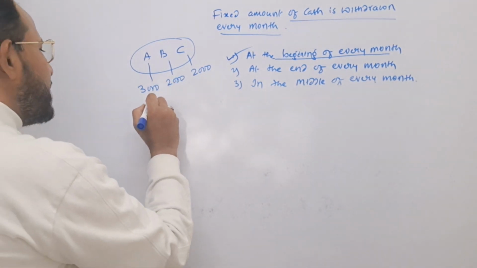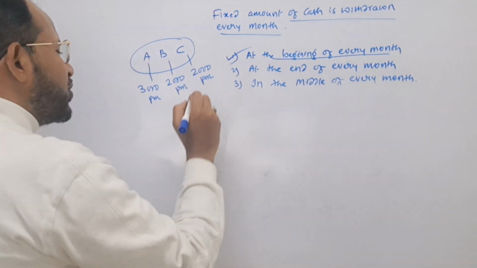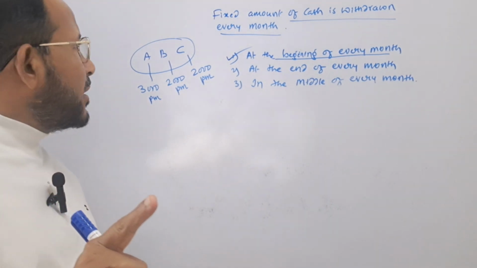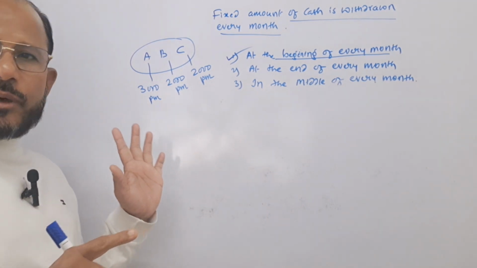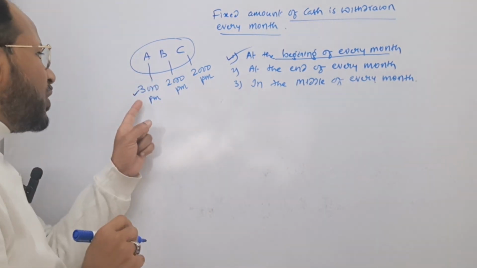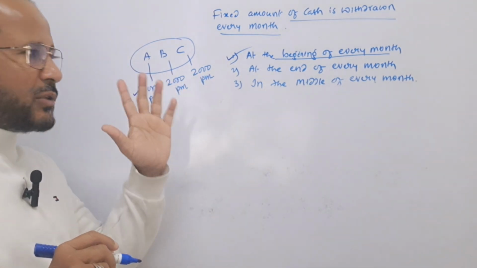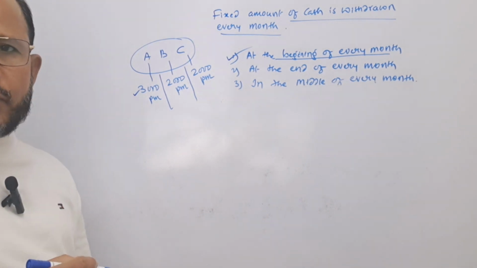This is the limit fixed by the partnership firm, but the amount can be withdrawn by the partners as per their convenience.